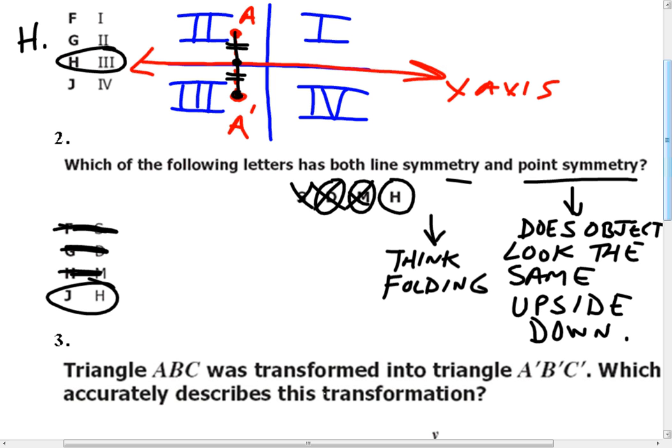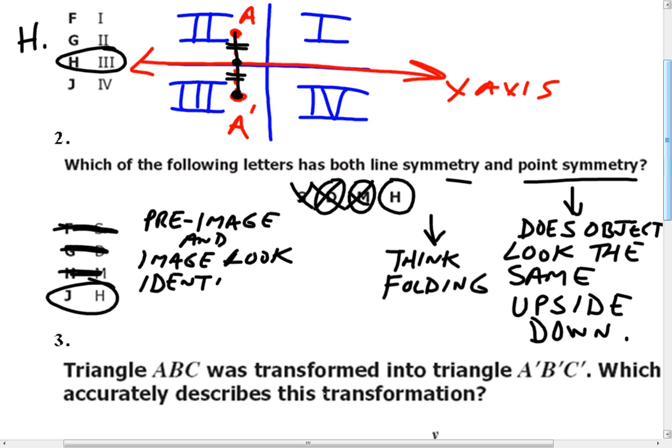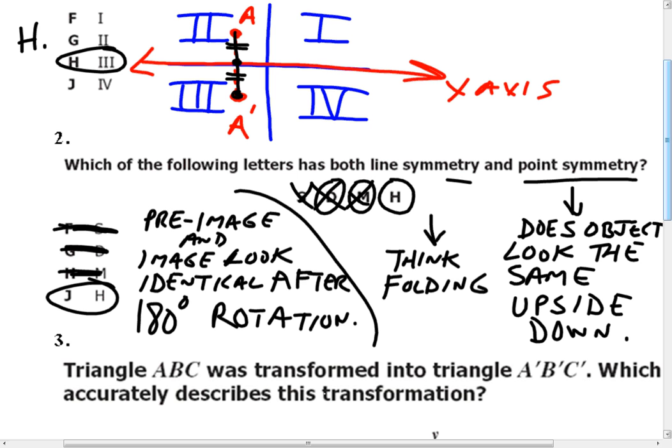The actual definition: the pre-image and image look identical after a 180-degree rotation.